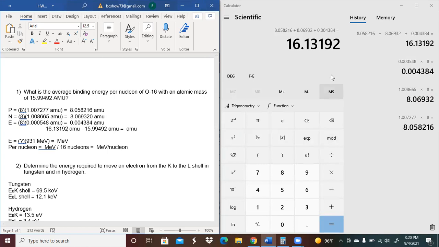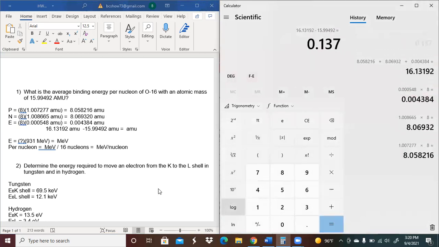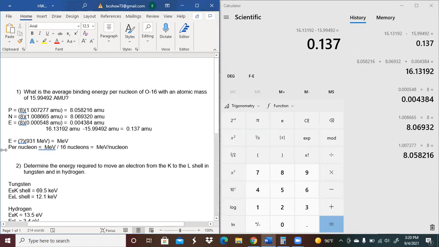Well, if I take our value here and subtract out 15.99492, then I come up with 0.137 AMU. That's the difference.